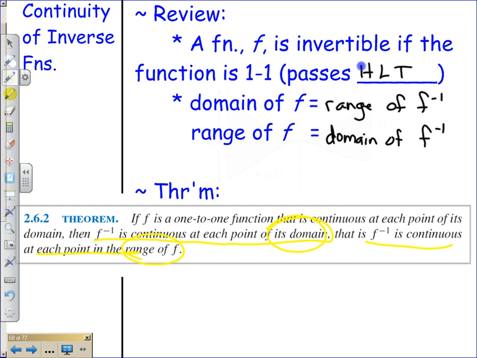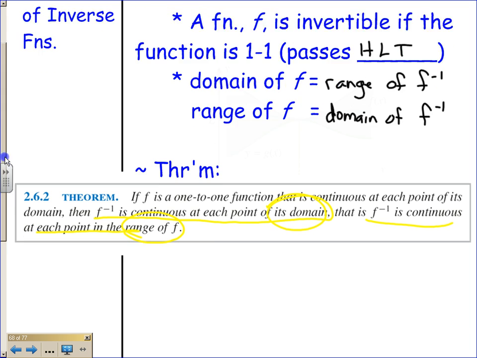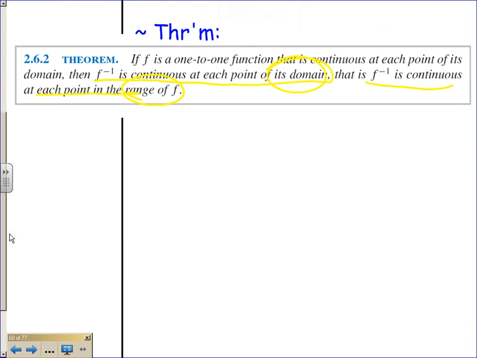Just connecting once again that relationship between the domain of an inverse being the range of the original. And with that, I can get to an example.